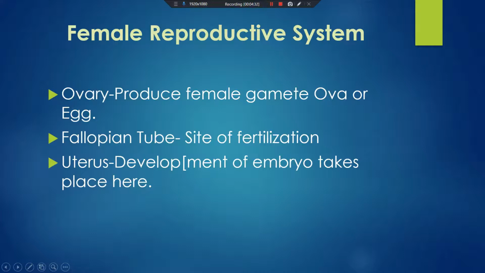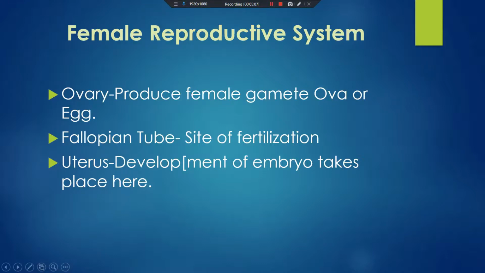In a human female, the eggs are present in the ovary from birth, but the maturation and release of the ovum take place when a female reaches the age of puberty. So this is a difference. In the male, the production of sperm takes place at puberty, while in the ovary the eggs are already present but the release of eggs starts when the girl reaches puberty.